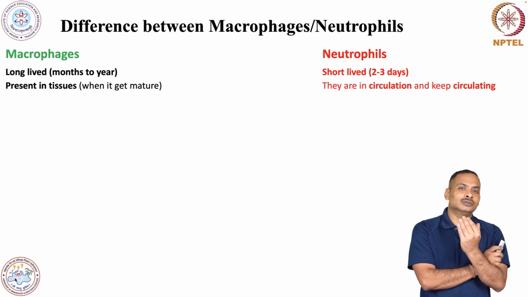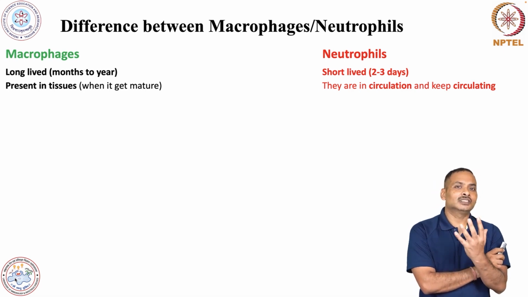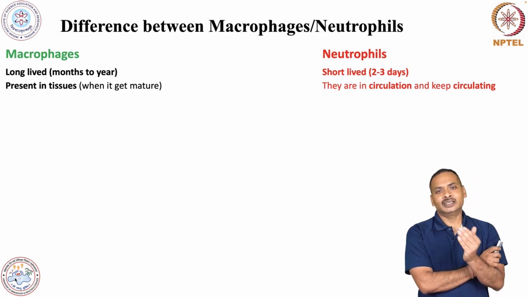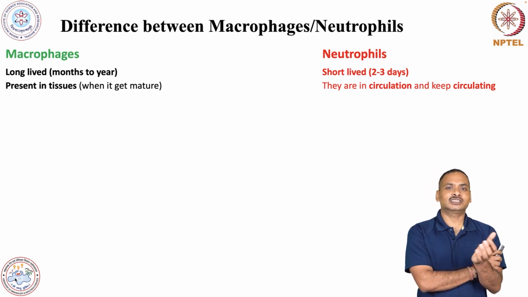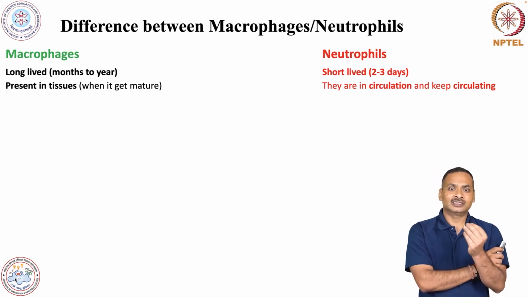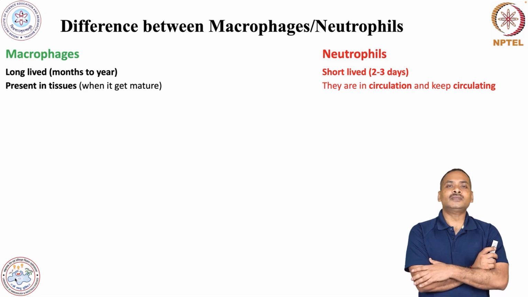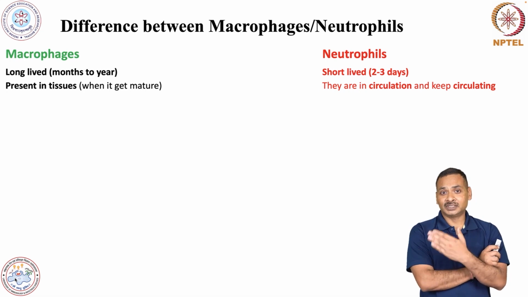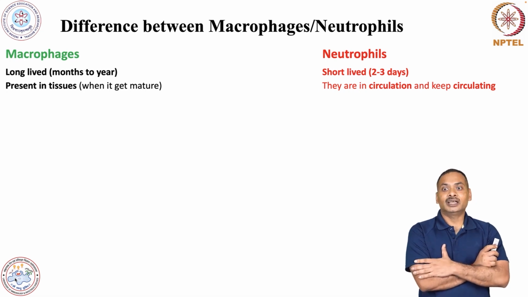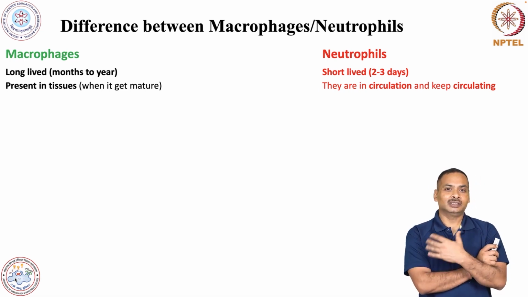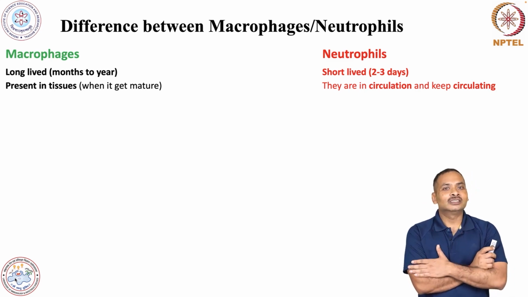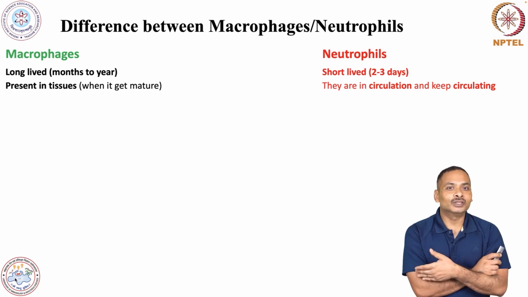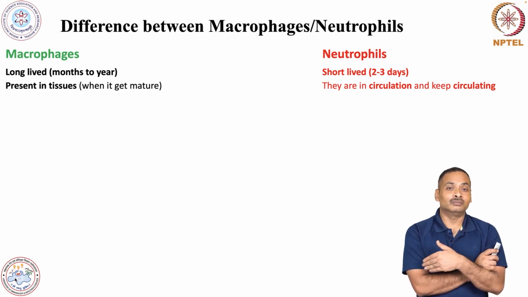These macrophages mature in the tissues and work there. They have a variety of functions, such as cleaning cell debris and other things. On the other hand, neutrophils are present in circulation, they keep circulating in blood, and they very frequently encounter blood-borne microbial pathogens.